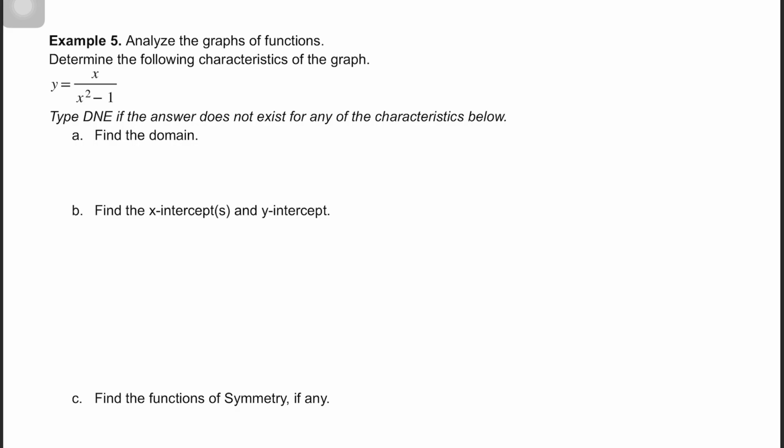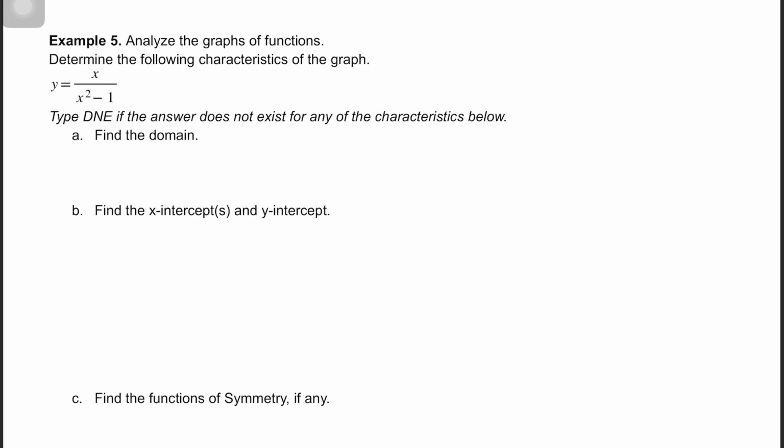In general, every function's domain is all real numbers except what makes the function undefined. So what values of x make this function undefined? By looking at this, it's whenever the denominator is 0, because anything 0 on the denominator makes the function undefined.